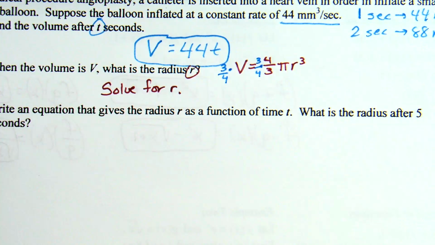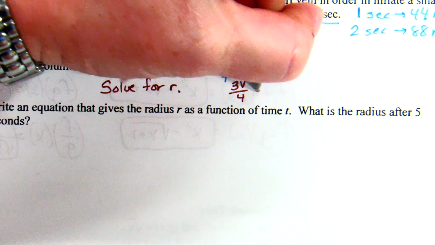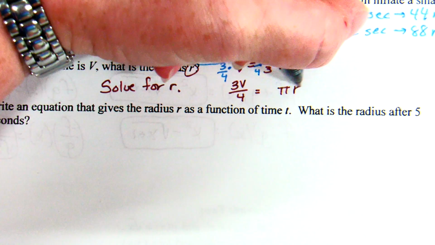What is 3/4 times V? 3/4 V. Where would the V go in that fraction if I want to put it in the fraction? The top, yes? And because of what I'm doing next, that's why I'm writing it this way. So I'm going to write this as 3V over 4 equals pi r cubed.